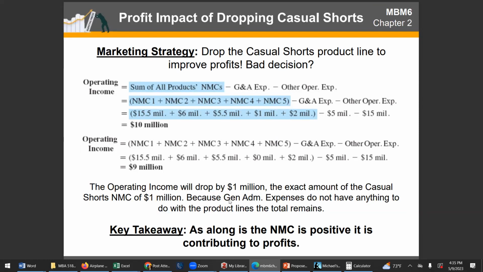So the key takeaway is, because general admin expenses do not have anything to do with product lines, the total remains. If a net marketing contribution is positive, then it will contribute to profits.